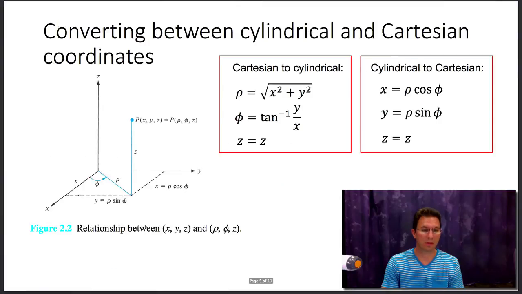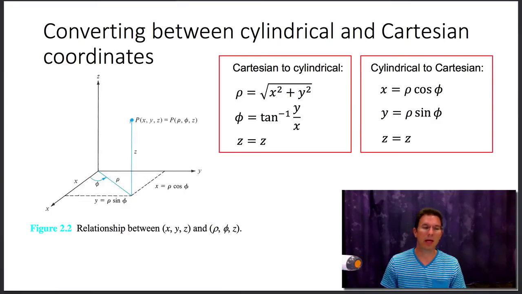Well, not surprisingly, it's useful to be able to go from Cartesian coordinates to cylindrical coordinates and from cylindrical coordinates to Cartesian coordinates. Okay, and this is just basic geometry here with a little bit of trig. But again, the point being that a person can understand a particular point in multiple coordinate systems.